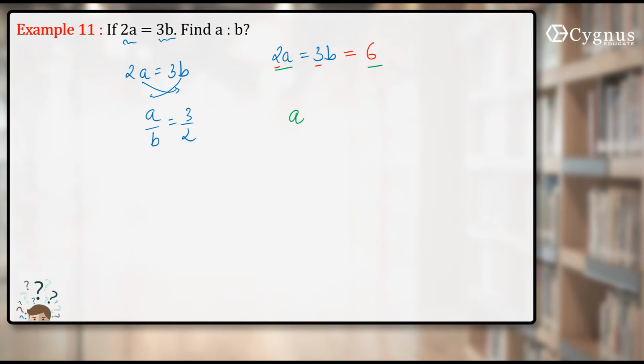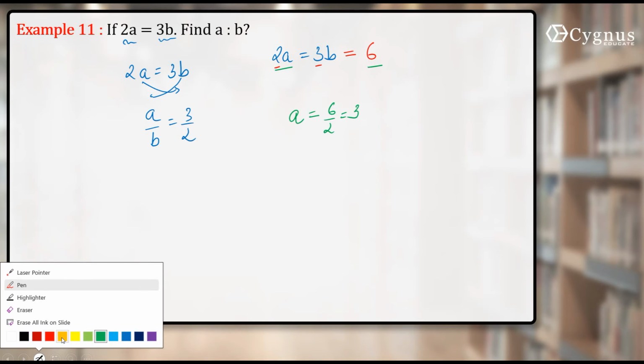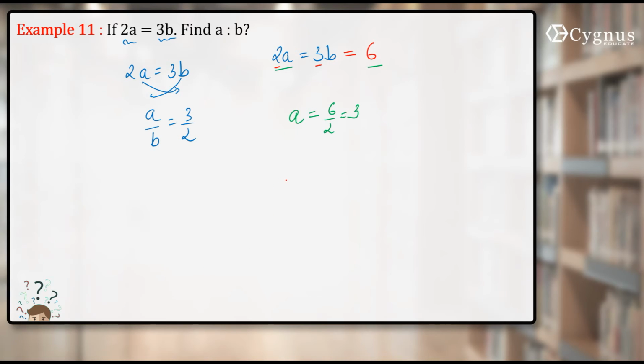If 2a is equal to 6, a becomes 6 by 2, that is equal to 3. The next line is 3b is equal to 6. So the value of b becomes 6 by 3, that is 2. So the values of a and b are 3 and 2. So a by b becomes 3 is to 2.